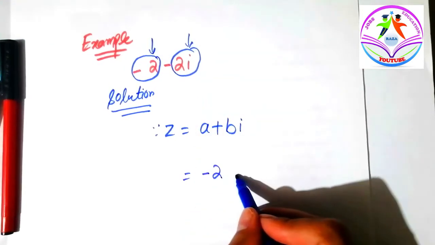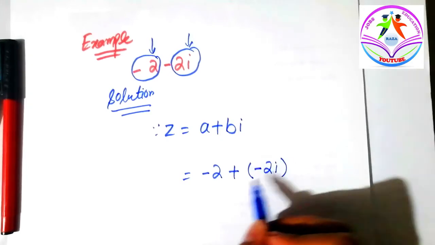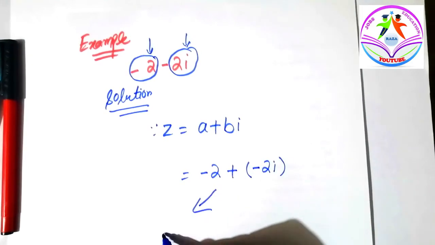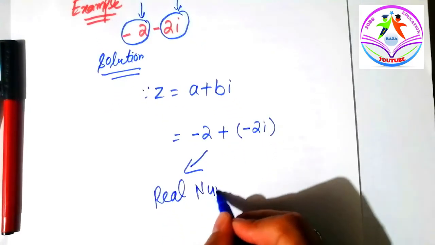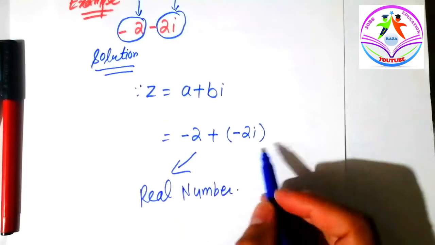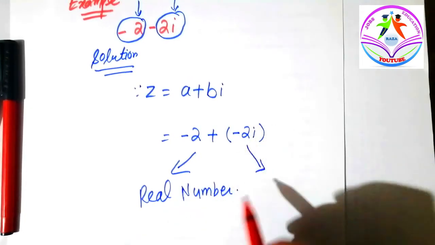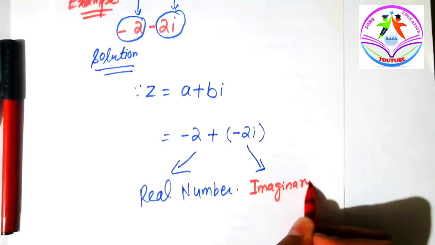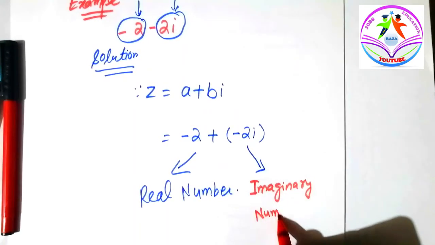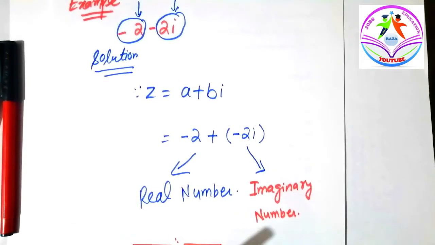Minus 2 is our real number, and this minus 2 iota is our imaginary number. That's it. According to the formula, we can solve like that.